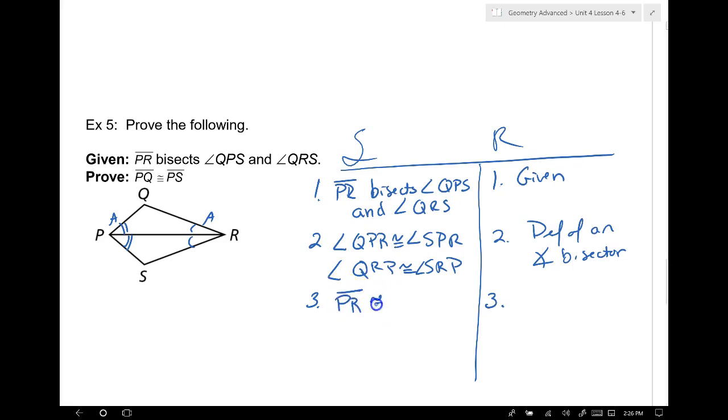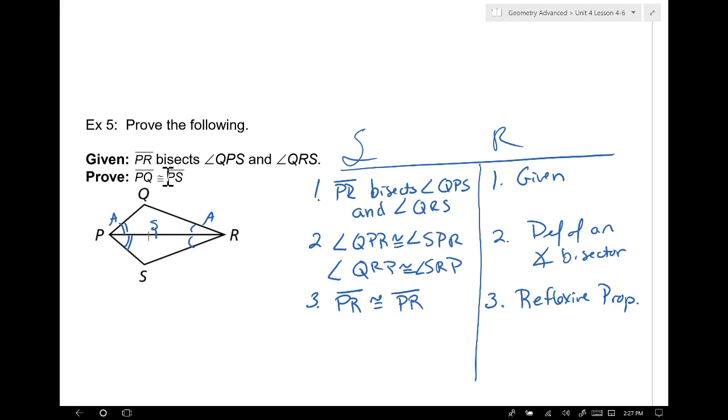So segment PR is congruent to segment PR. That's your reflexive property. What does that spell? Angle, side, angle, right? Yes, ma'am. Why would you need to, though? Then, yeah, then you would have another angle, but there's just not a need, right?